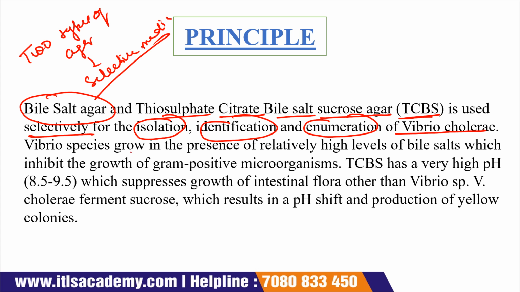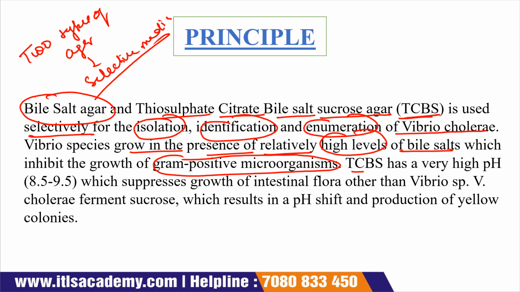Vibrio species grow in the presence of a relatively high level of bile salt, and it will inhibit the gram positive microorganisms. When the level of bile salt is high, it inhibits the growth of gram positive microorganisms.